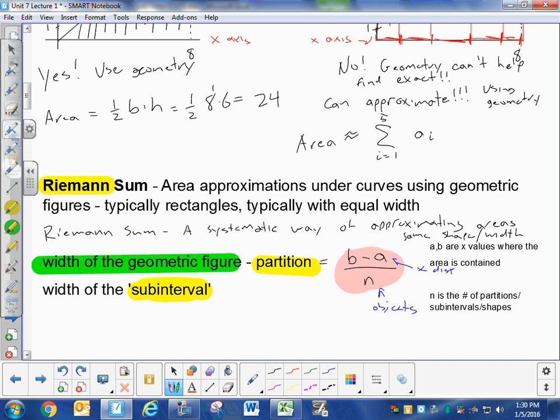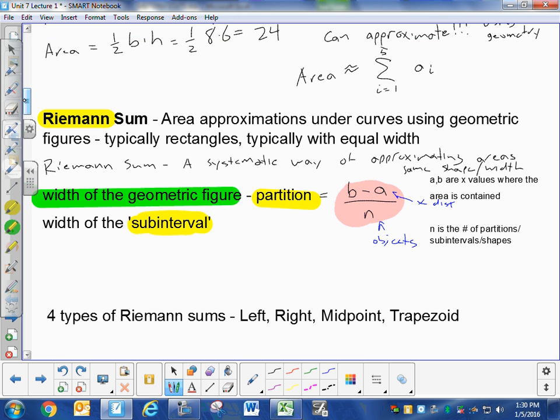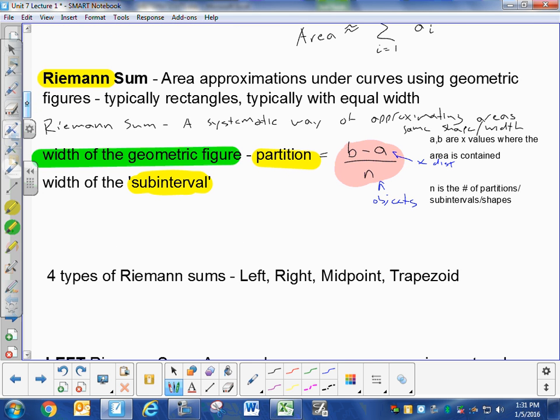There are 4 types of Riemann sums that you need to be comfortable with: a left, a right, a midpoint, and a trapezoid. We'll do the same example each time to introduce to you these Riemann sums. They're not hard, as long as you're paying attention.